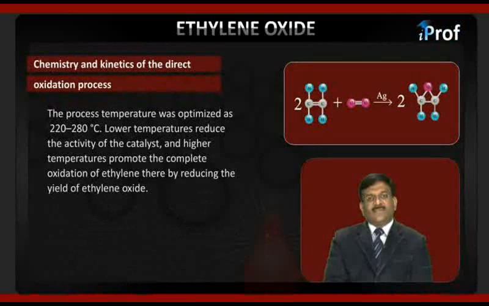Lower temperature reduces the activity of the catalyst and higher temperature promotes the complete oxidation of ethylene, thereby reducing the yield of ethylene oxide.